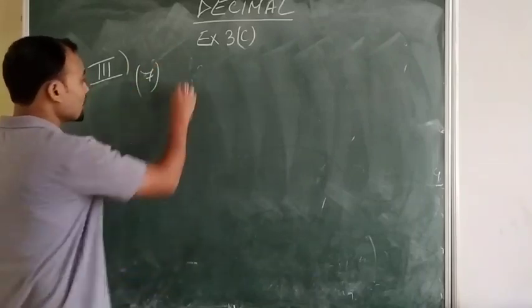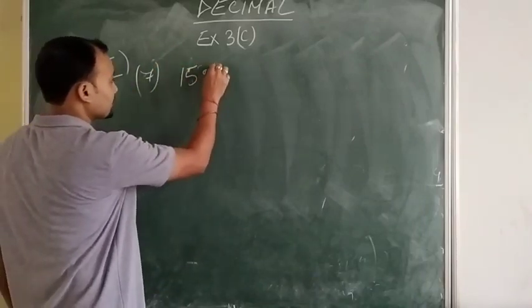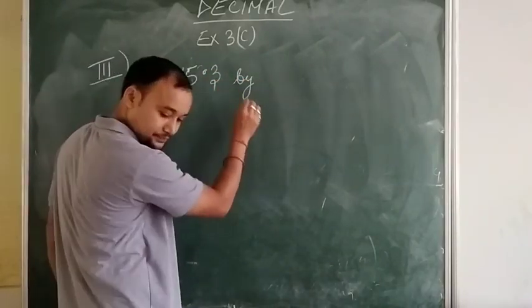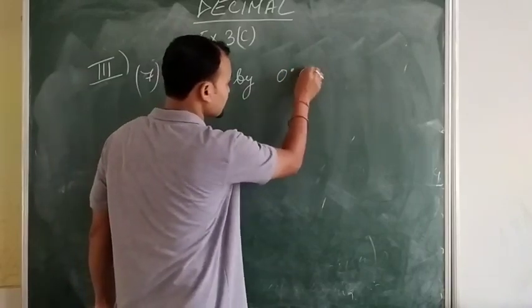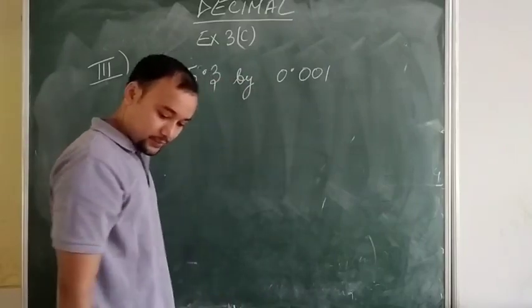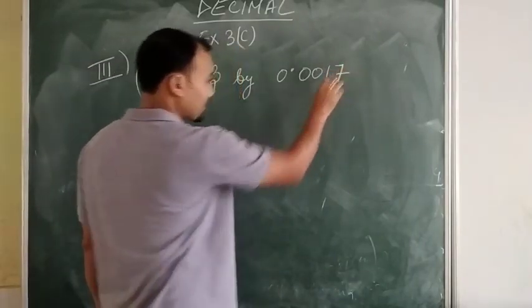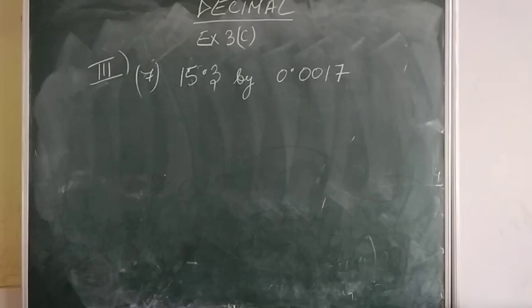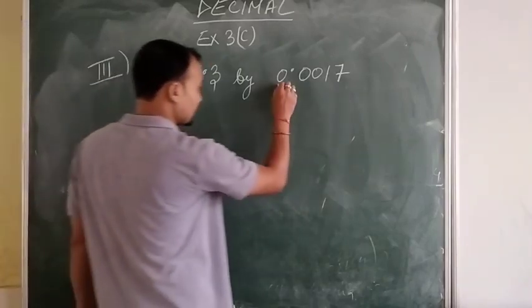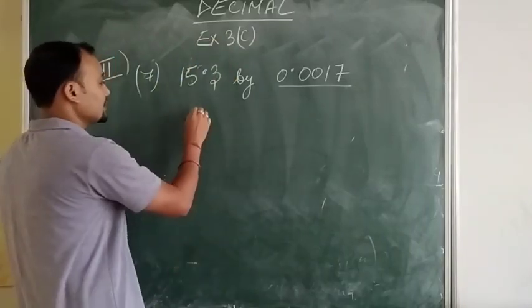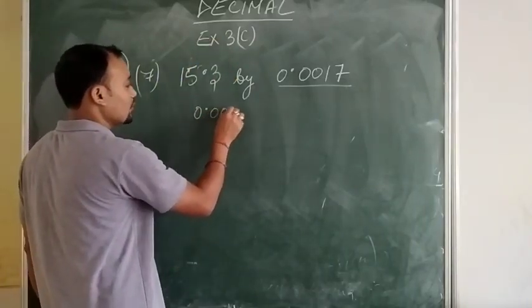Our question number 7 is 15.3 divided by 0.0017. Now this is a division. Like the earlier one, we are making the divisor a whole number.